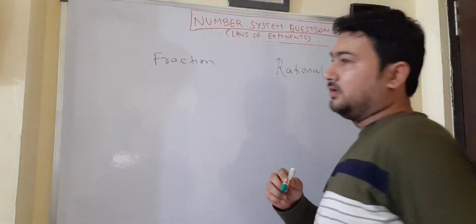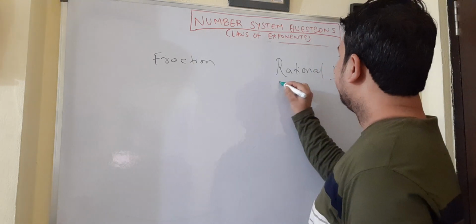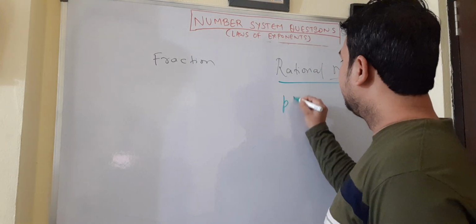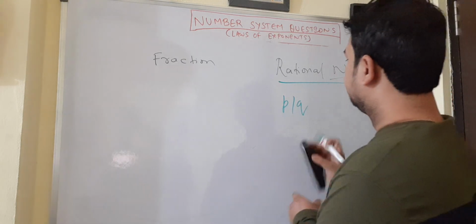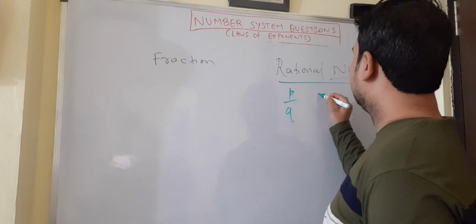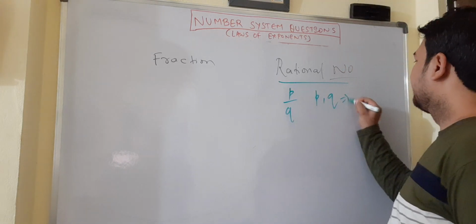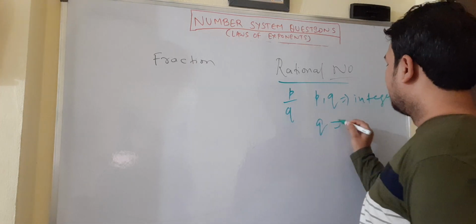See, rational number you have already studied in the number system. What it is? It is in the form of P by Q, where P and Q are integers and Q is not equal to 0.